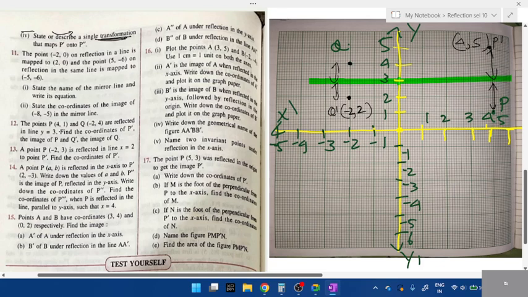Find the coordinates of P dash, the image. This is one question. Then you need to find Q dash, which is the image of Q. This is the answer, Q dash and P dash.